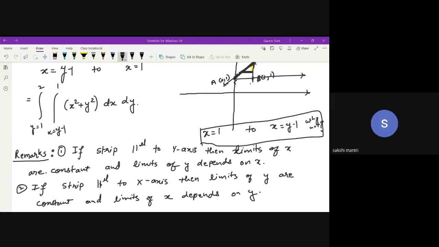So I don't know about it. Chris. Aditya. Tell me. Sir, maybe because x equal to 0 is the lowest limit, so it should be from x equal to y minus 1 to x equal to 1.